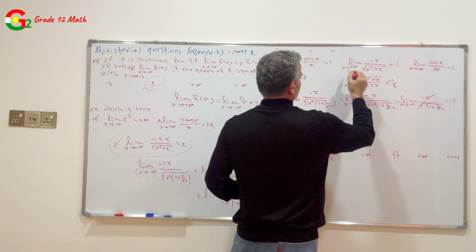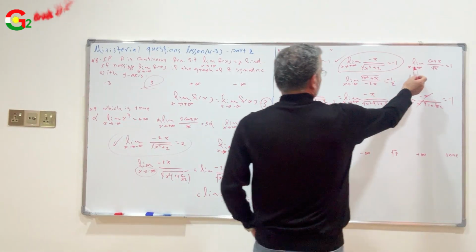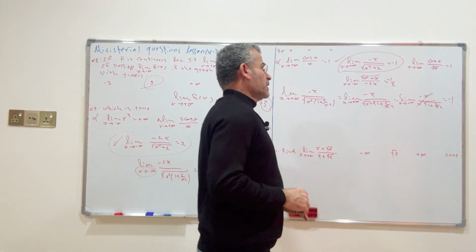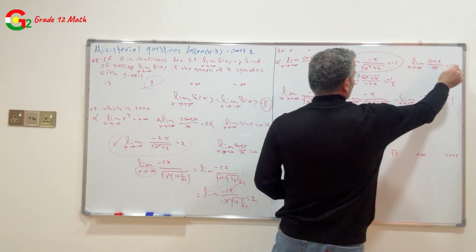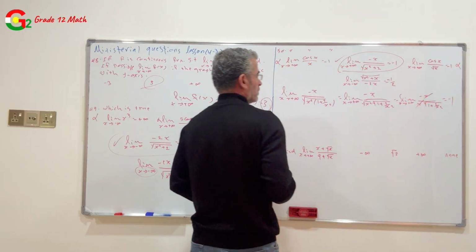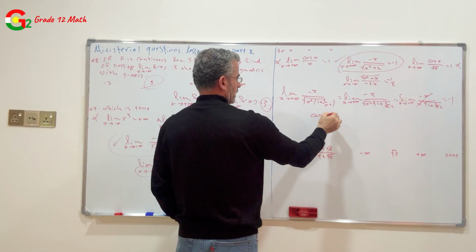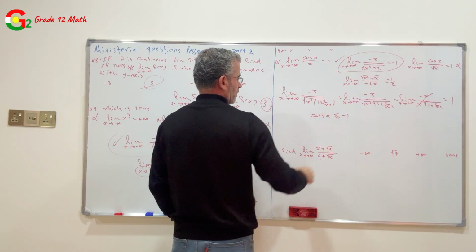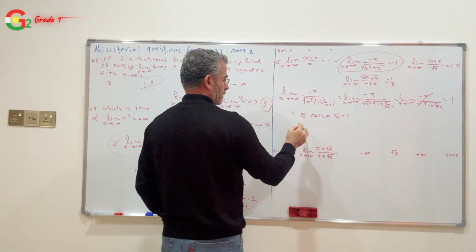Therefore, it is true. For the third function, the limit of cosine x over square root x when x approaches positive infinity equals 1, it is also wrong. By the squeeze theorem, cosine x is greater than or equal to negative 1 and less than or equal to 1.